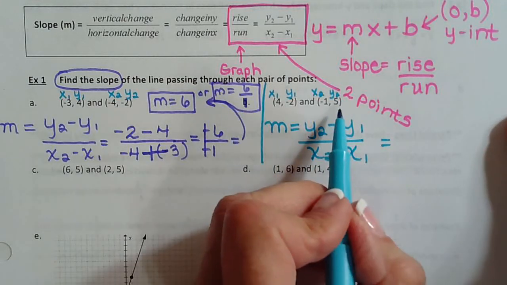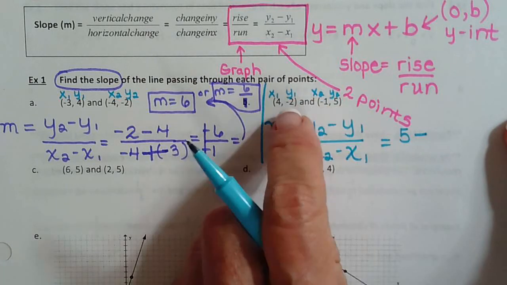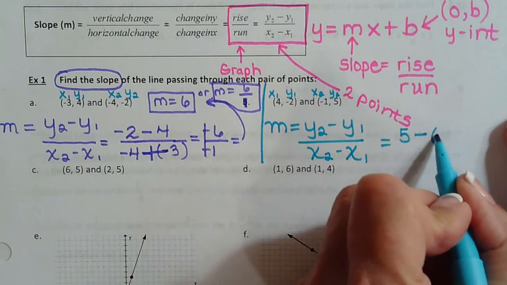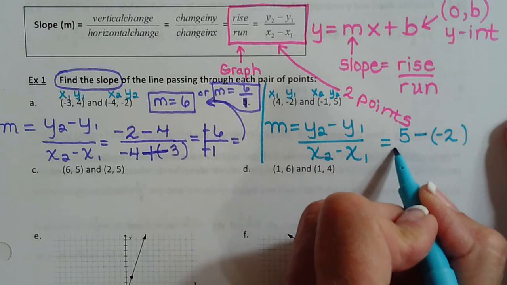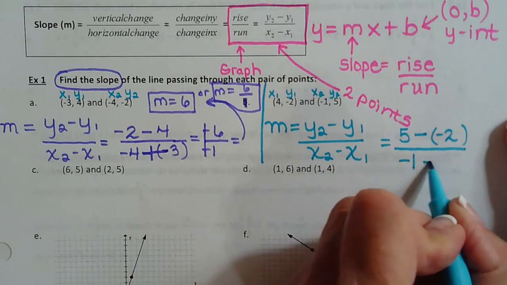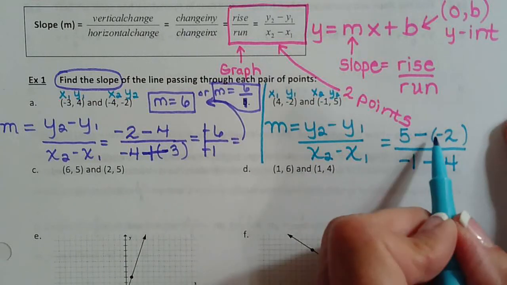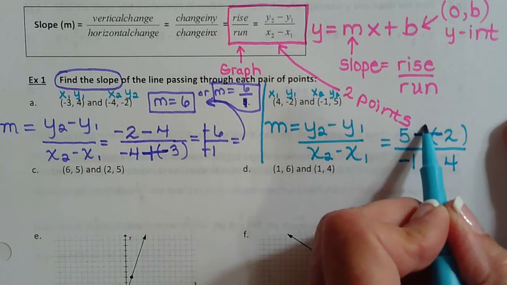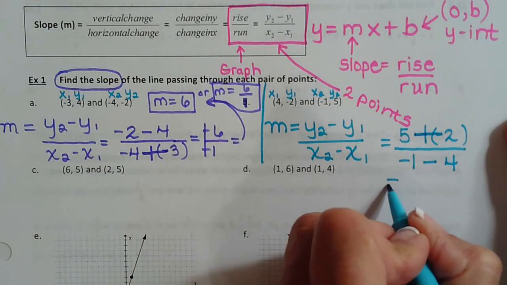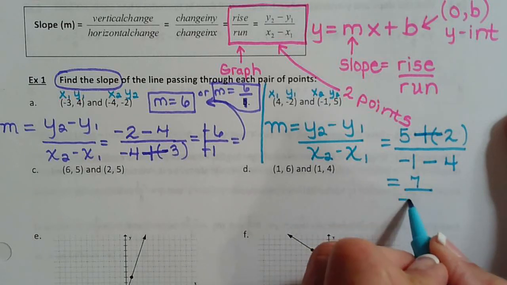So second y is 5 minus -2, there's that double negative again, over second x, -1, minus 4. So I immediately make any double negatives positive so I don't lose that, and that gives me 7 over -5.